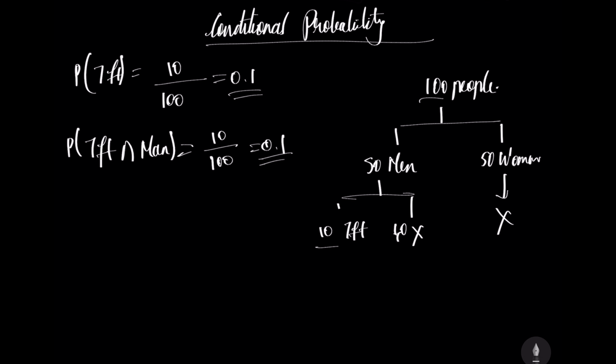Now, let's act like we have a breaking news, like news kind of update, that we now have additional information about this random person that we picked. And the update is that this person is a man. Now, the question is, can we incorporate this new information into our probability calculation and recalculate it?